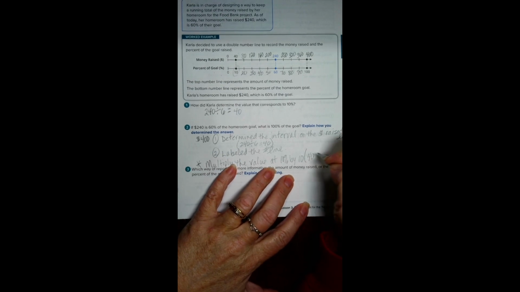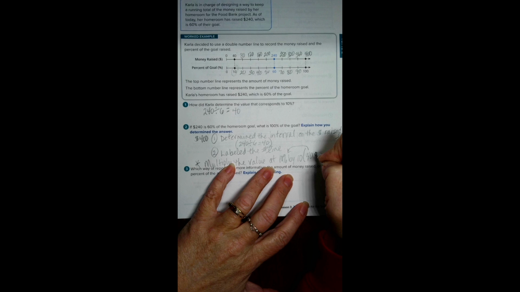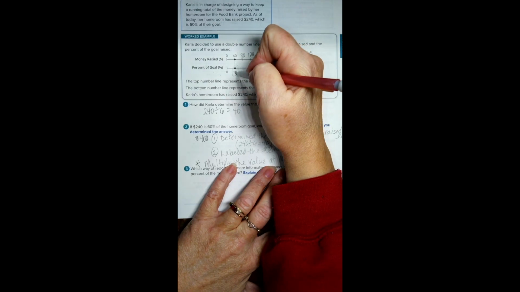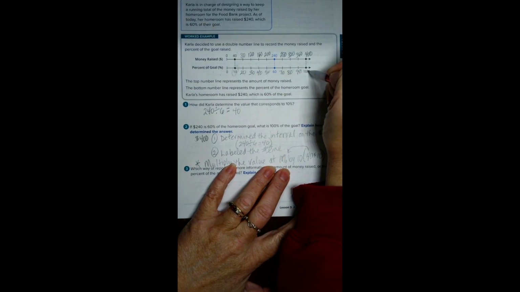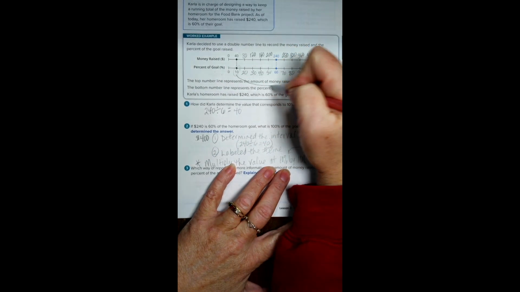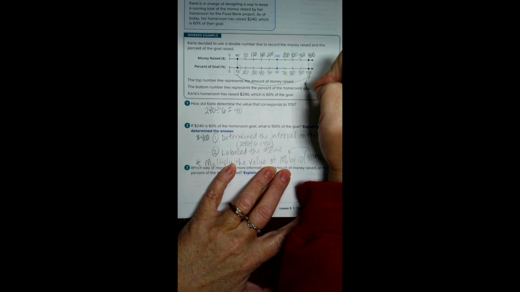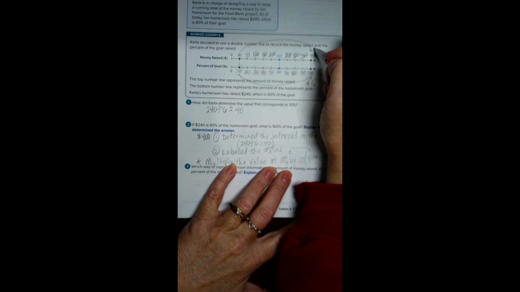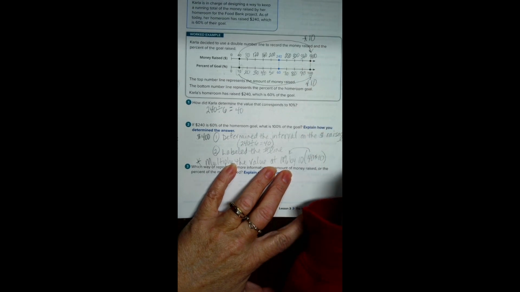So it's 40 by 10. If we do 10 times 10, it takes us to the 100, right? So 40 times 10 gets us to the 400.